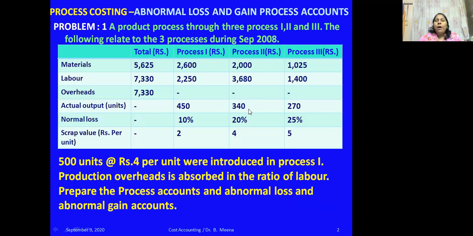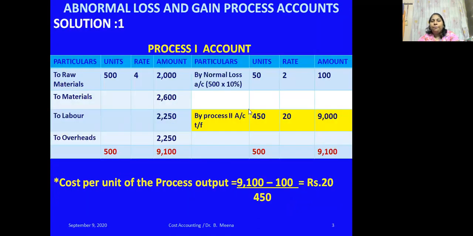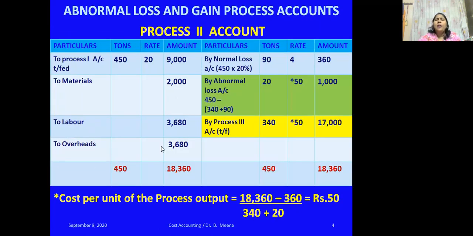Then I have to check what is the output of this process 2. 340 is given. So 340 is the output given for this process. I need to check whether I have abnormal loss or abnormal gain. How to check: 450 is the input, 340 is the output, and normal loss is 90.